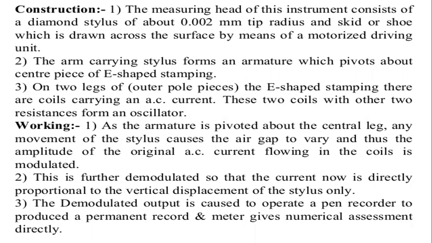The measuring head of the instrument consists of a diamond stylus of about 0.002 mm tip radius. So that is a very minute tip, a sharp edge, and a skid or shoe which is drawn across the surface by means of a motorized driving unit.